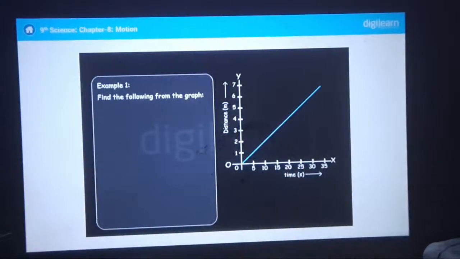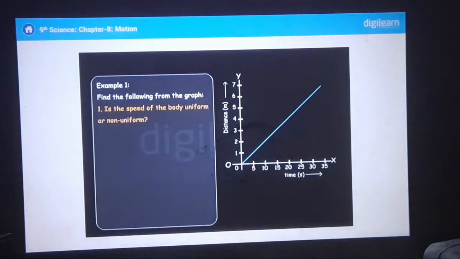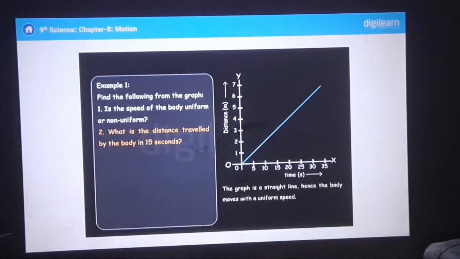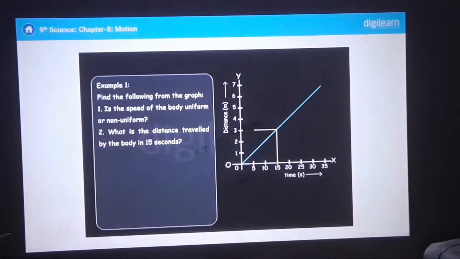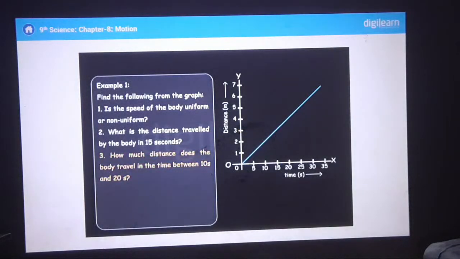Example 1. Find the following from the graph. Is the speed of the body uniform or non-uniform? Solution. The graph is a straight line, hence body moves with a uniform speed. What is the distance travelled by the body in 15 seconds? Distance travelled by the body in 15 seconds is 3 meters. How much distance body travels in time between 10 seconds and 20 seconds?